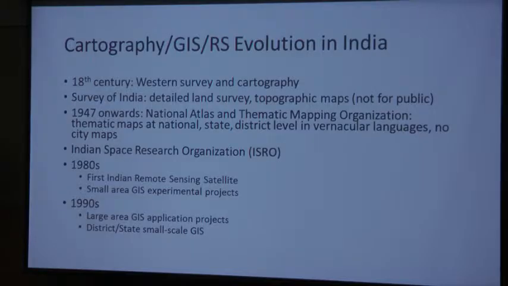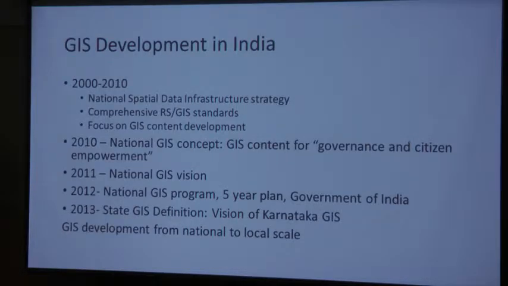In the 1990s, GIS was being approached more seriously and also at district and state scales. But really from 2000 onwards, things took off and a whole range of initiatives happened. Particularly interesting is that there is now a national GIS concept where the goal is GIS content development for governance and citizen empowerment, and that's a direct quote.